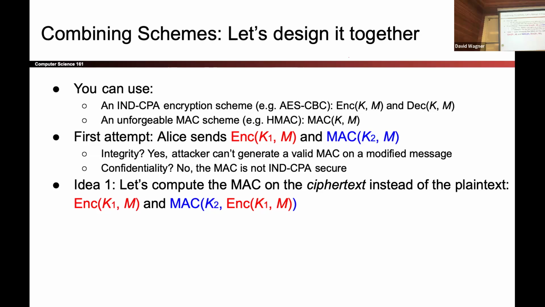So the attacker can't modify the ciphertext. But could they somehow arrange that Bob ends up with an unintended message? The answer is no, because if the ciphertext is correct, then there's only one thing the message could possibly be. Decryption doesn't depend on anything other than the ciphertext. So this makes sure that the ciphertext is correct, and from that it follows that the message must be correct as well.